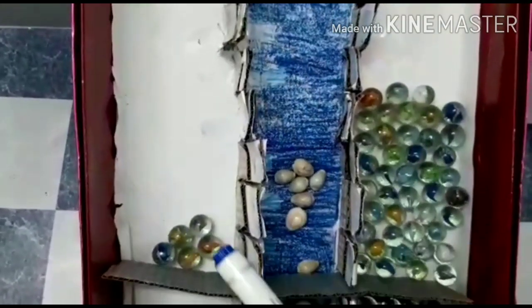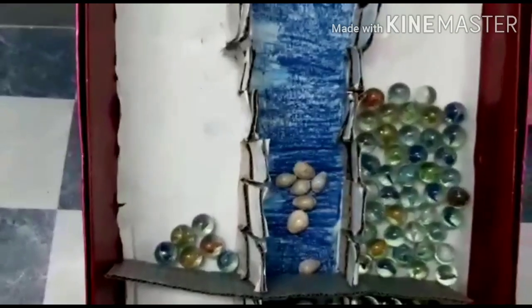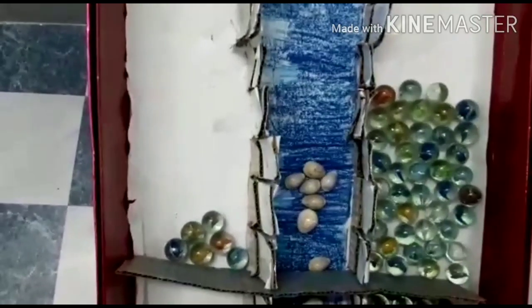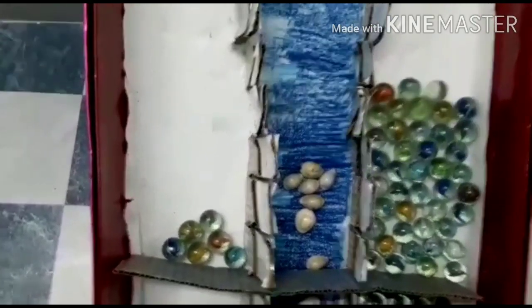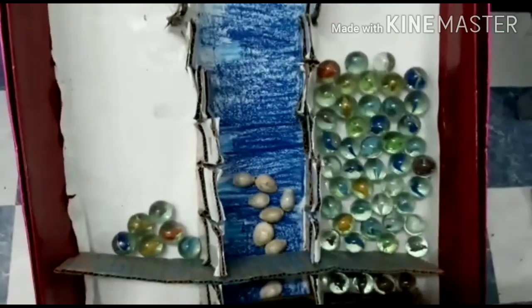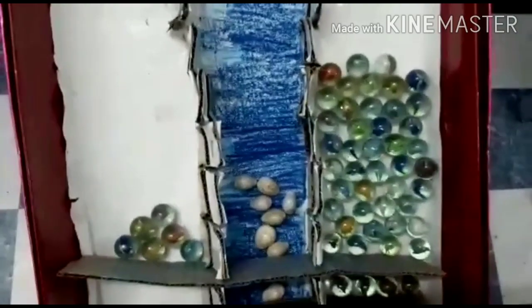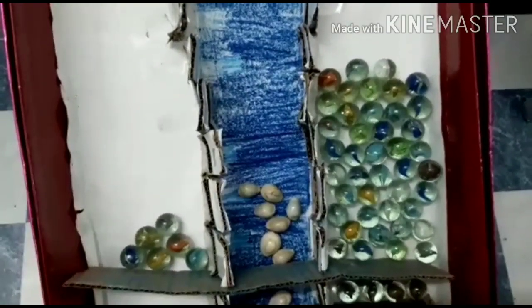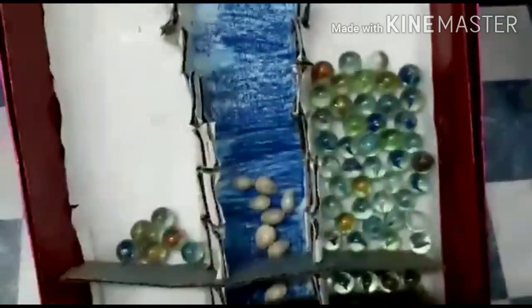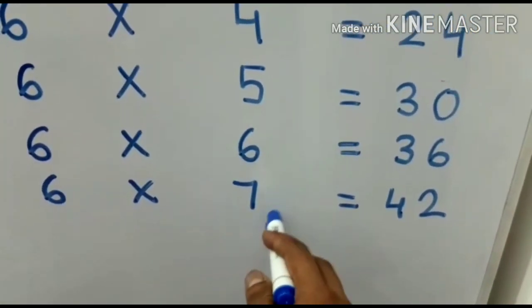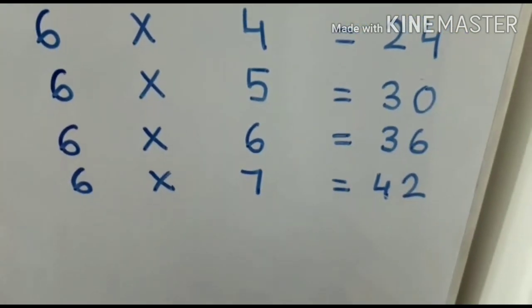Then how much? 6 sevens are 42. See, 7 crunches: 1 2 3 4 5 6 7. Six sevens are 42. That I have written on the board.